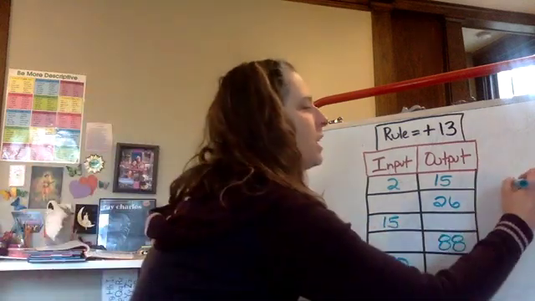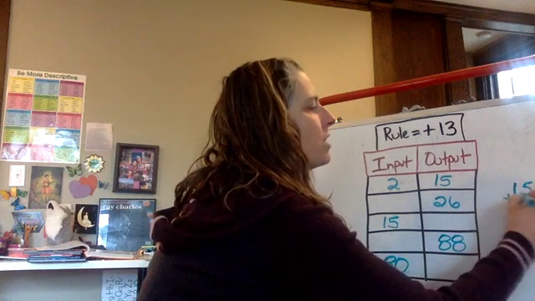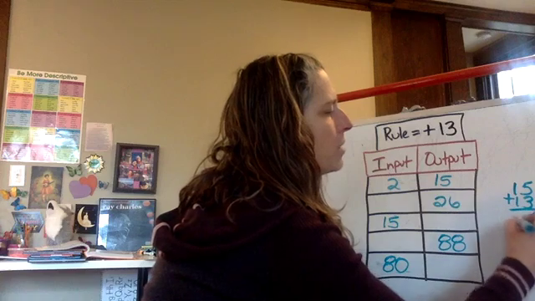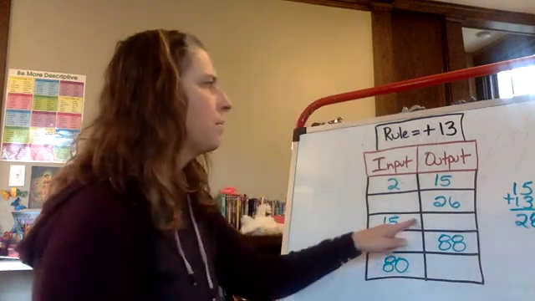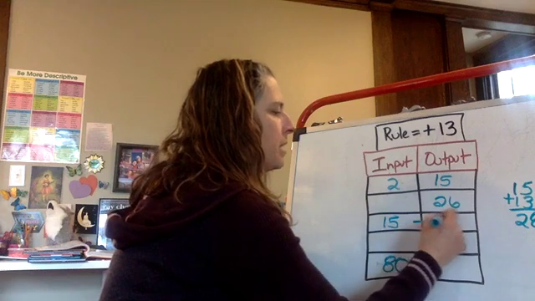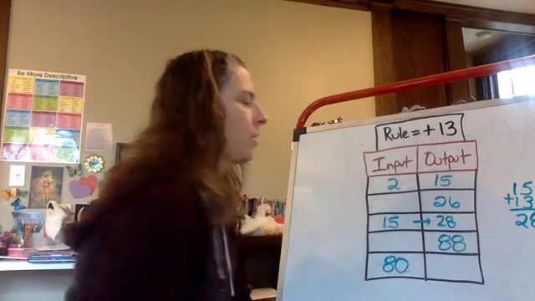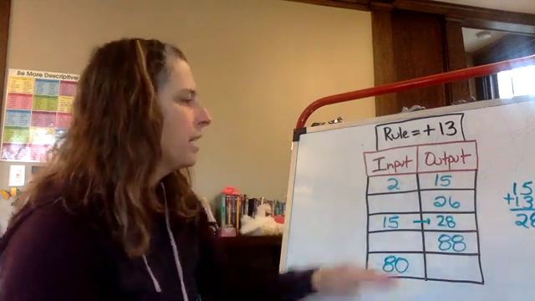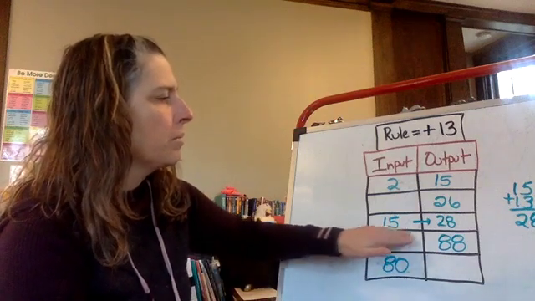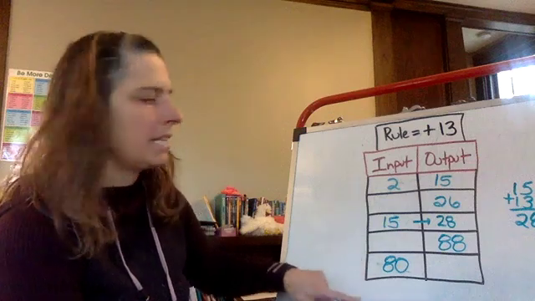What's 15 plus 13? 5 plus 3 is 8. 1 plus 1 is 2. So my output is going to be 28. I knew I could fill that in. Now this one, I'm a little confused because there's no input, but there is an output, so I'll come back to that in a second.